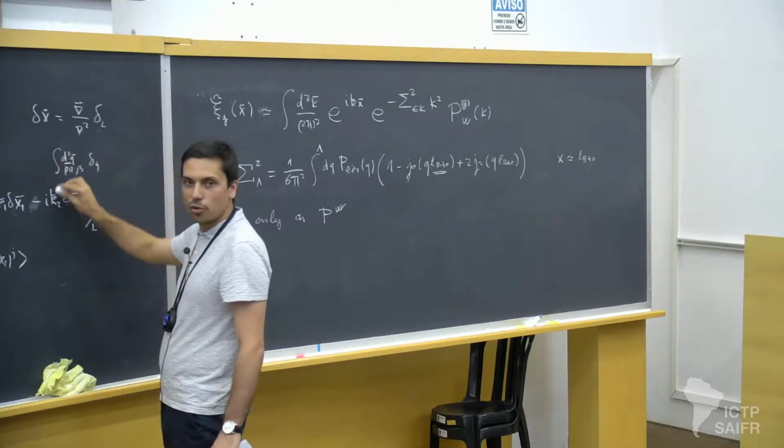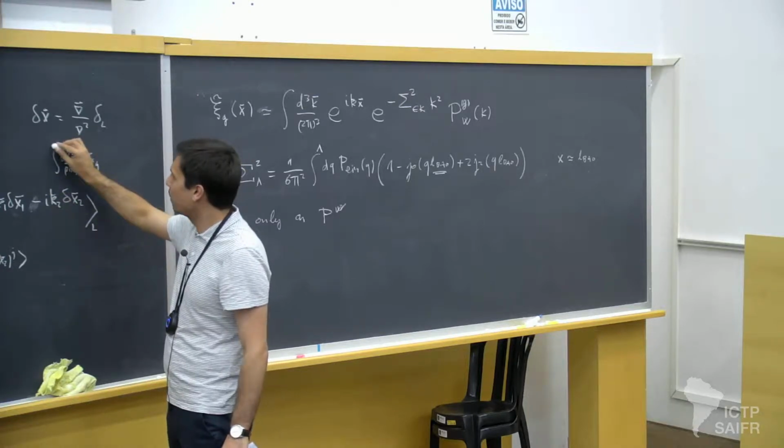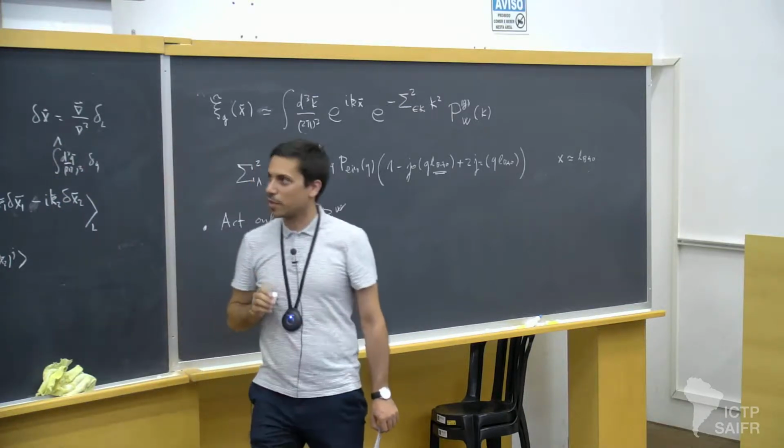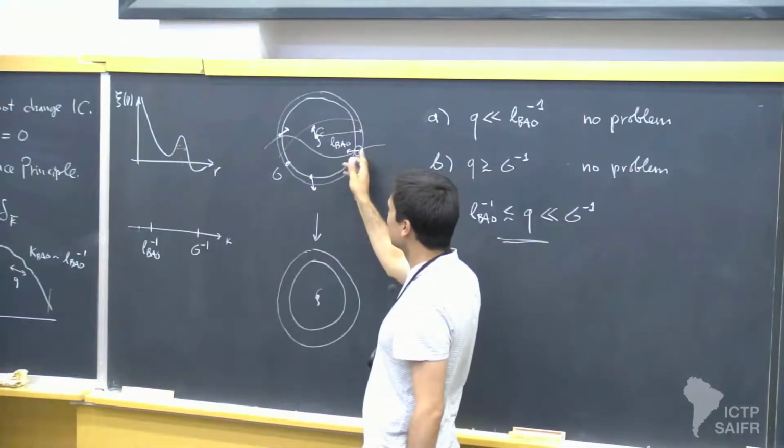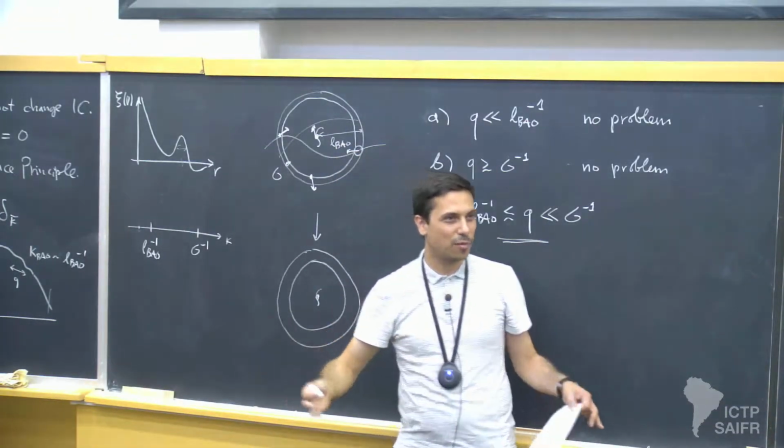But I don't want to include all possible long wavelength modes. I have to cut them off, because I want to consider only the long wavelength modes compared to this sigma. I don't want all possible Fourier modes.